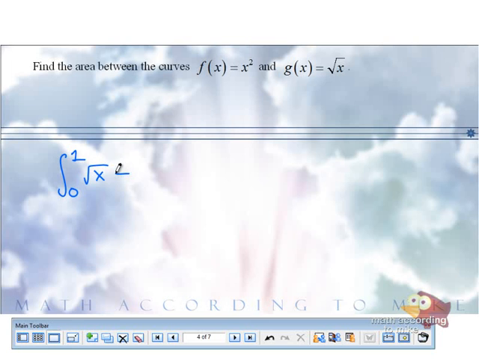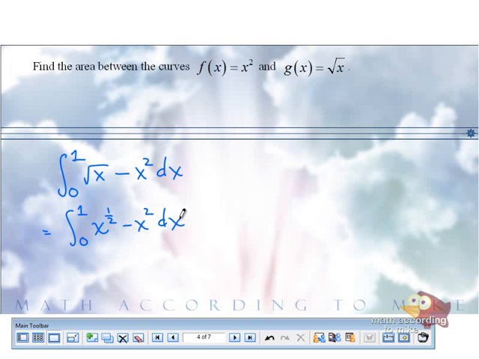So square root of x gets written first, and x squared is second. What's the exponent for the square root of x? There you go, 1/2.